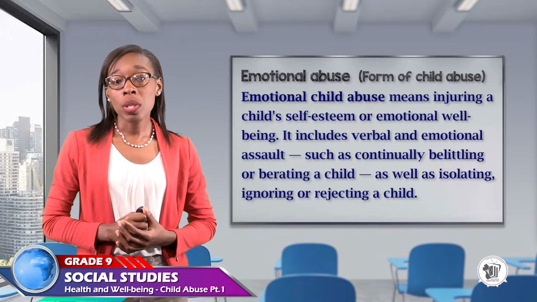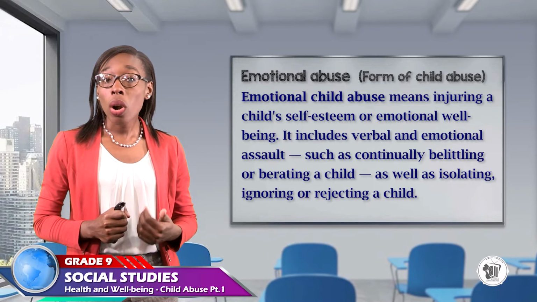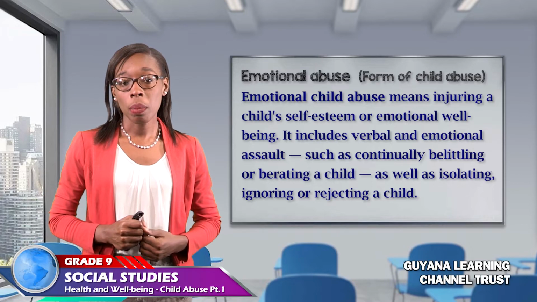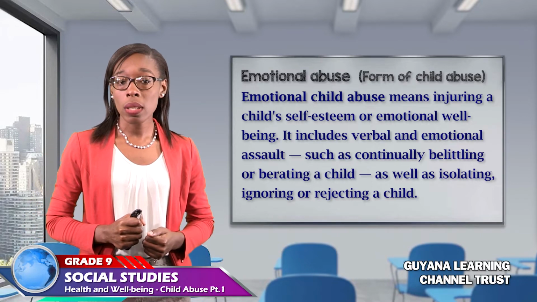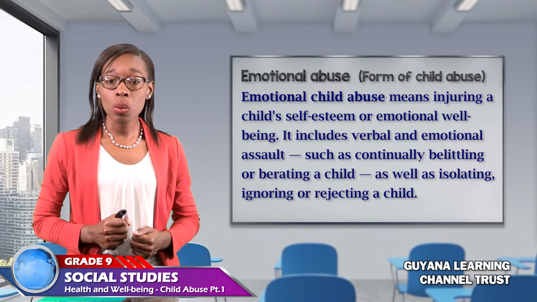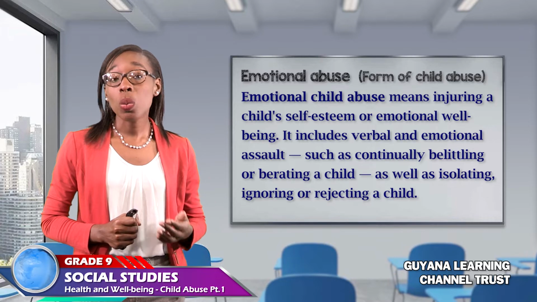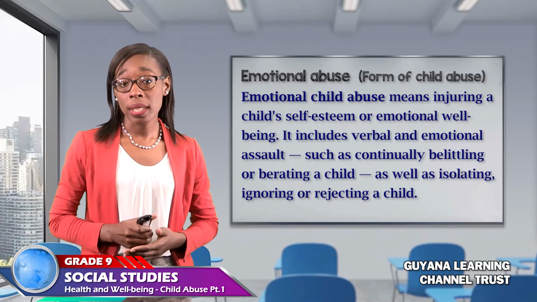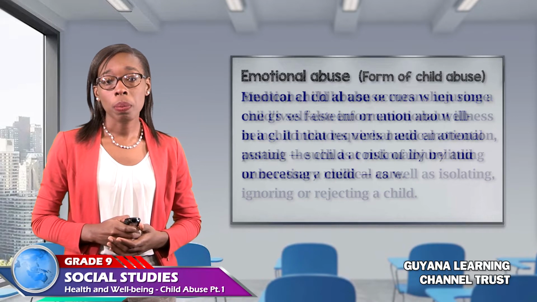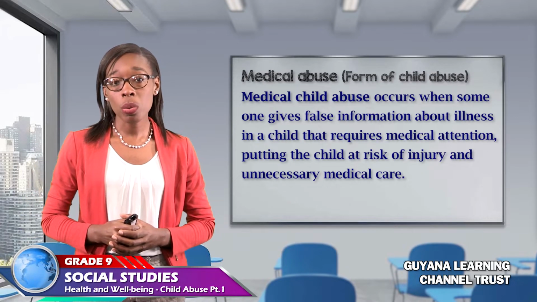Emotional child abuse means injuring a child's self-esteem or emotional well-being. It includes verbal and emotional assault, such as continually belittling or berating a child, as well as isolating, ignoring, or rejecting a child.